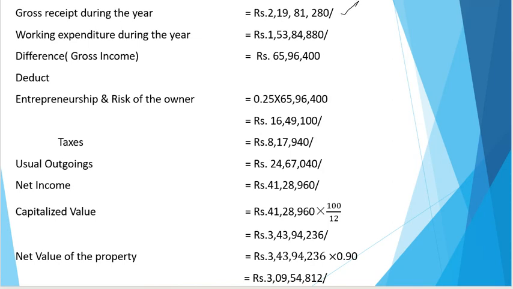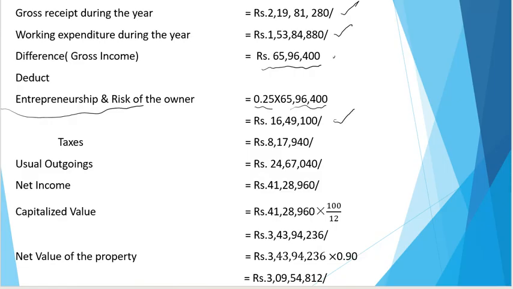Working expenditure is 1 crore 53 lakh 84,880. So the gross income is 65 lakh 96,400. What he has given is that we have to deduct 25% as entrepreneurship and risk of the owner. So 25% of 65 lakh 96,400 is 16 lakh 49,100.